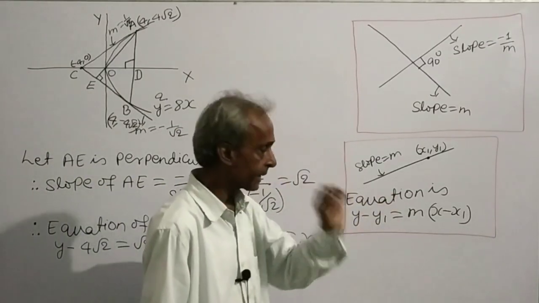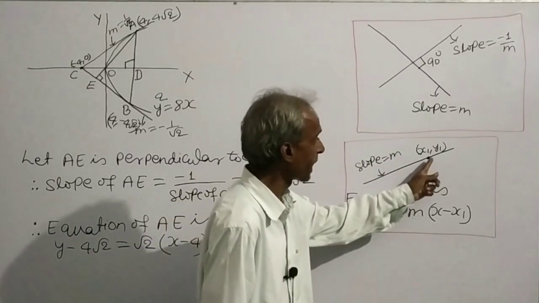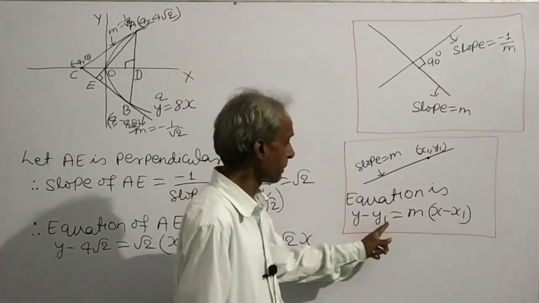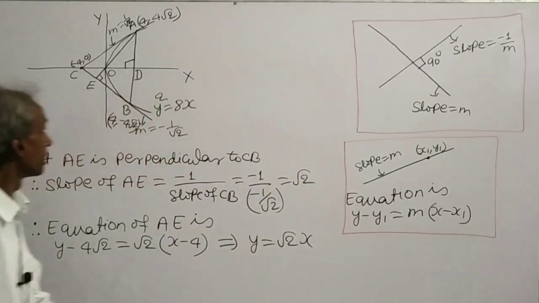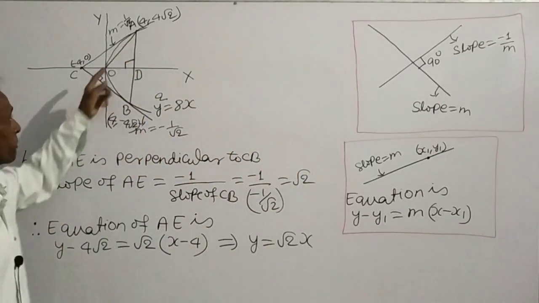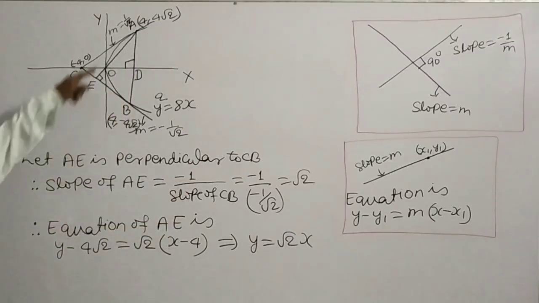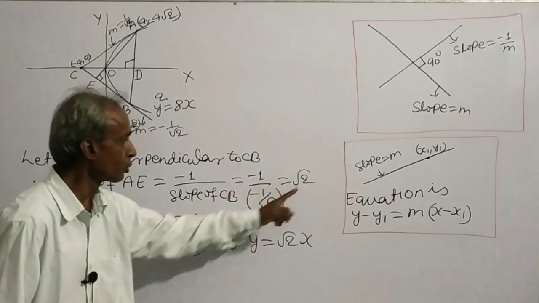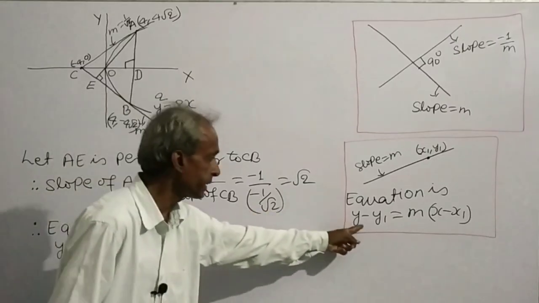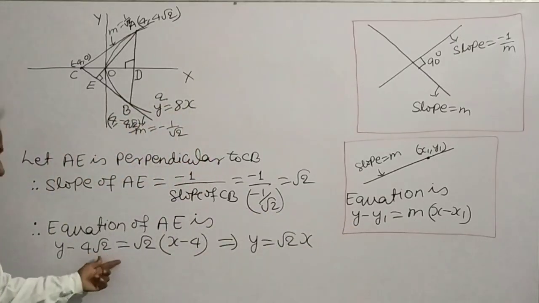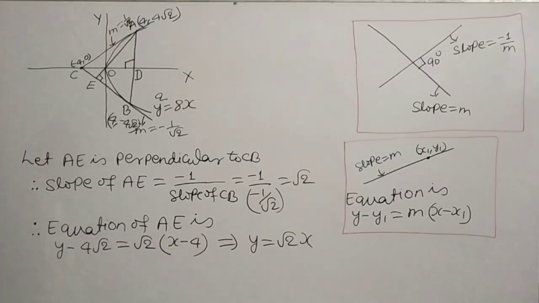The equation of a straight line with slope m and passing through point x1, y1 is y minus y1 is equal to m times x minus x1. Since AE passes through the point 4, 4√2 and its slope is √2, therefore the equation of AE by using this formula will be y minus 4√2 is equal to √2 times x minus 4.